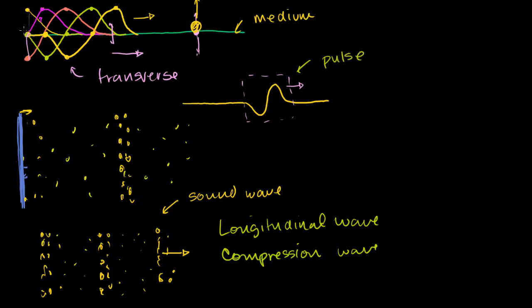If I kept doing that, going up, down, back again, periodically over and over again, then I would generate a periodic wave, and my string would look something like that right there. This right here is a periodic wave.